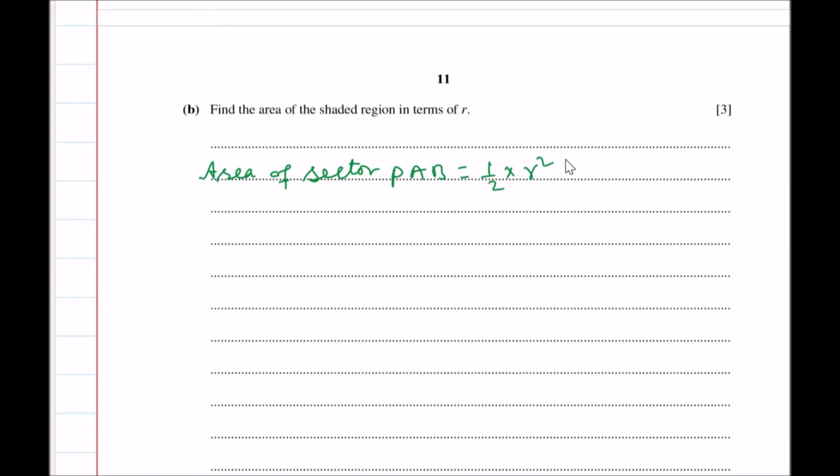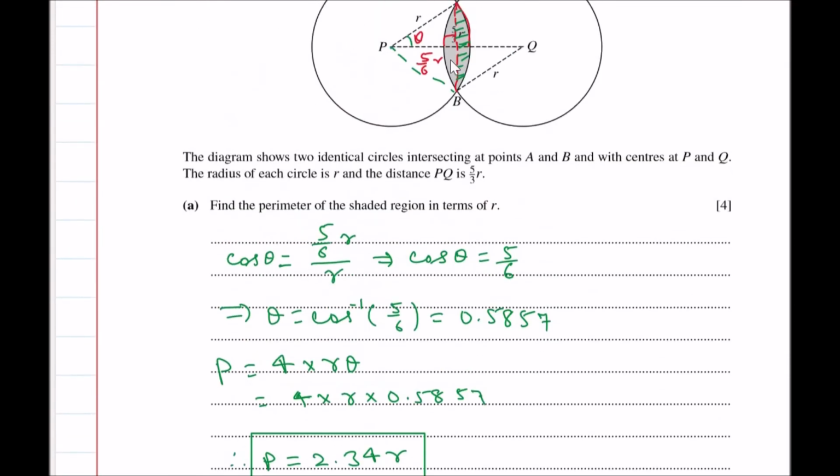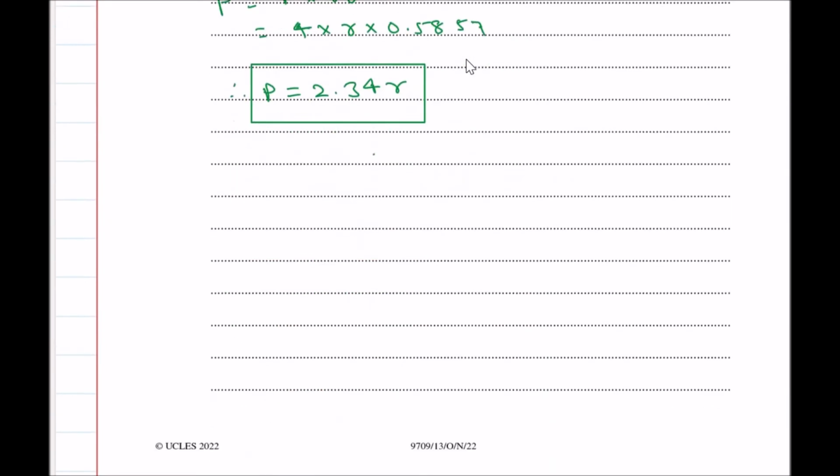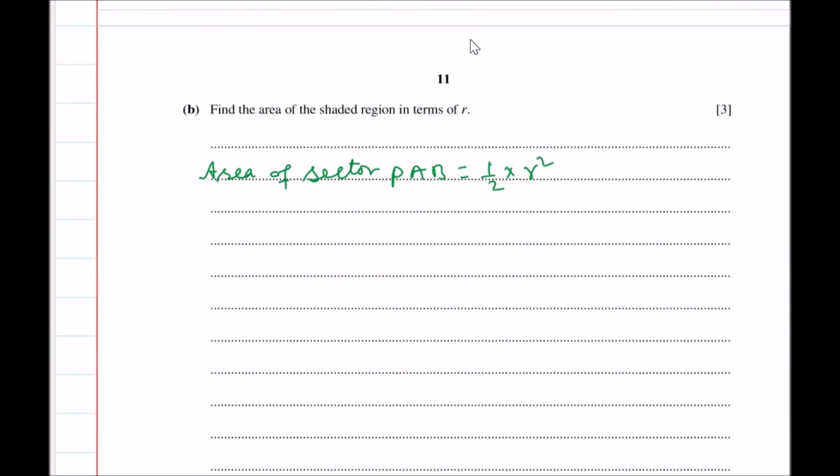Theta is 0.5857 doubled, because 0.5857 is only this theta here. We are talking about this sector PAB, so it will be double. So r squared into 2 times 0.5857.